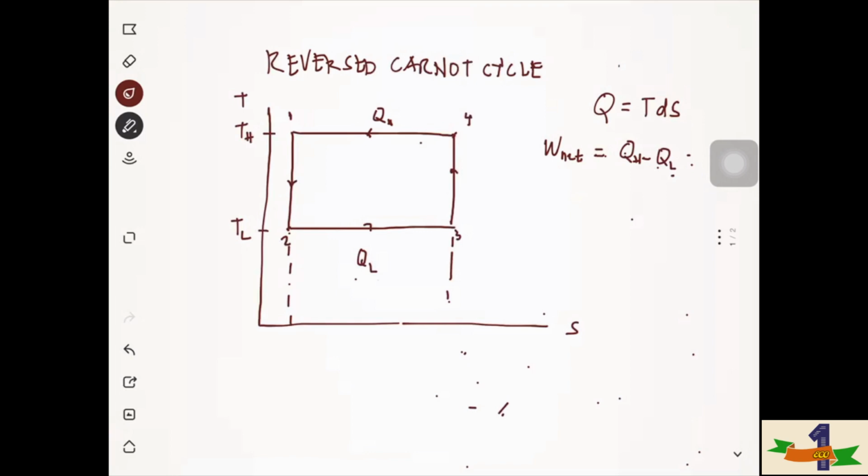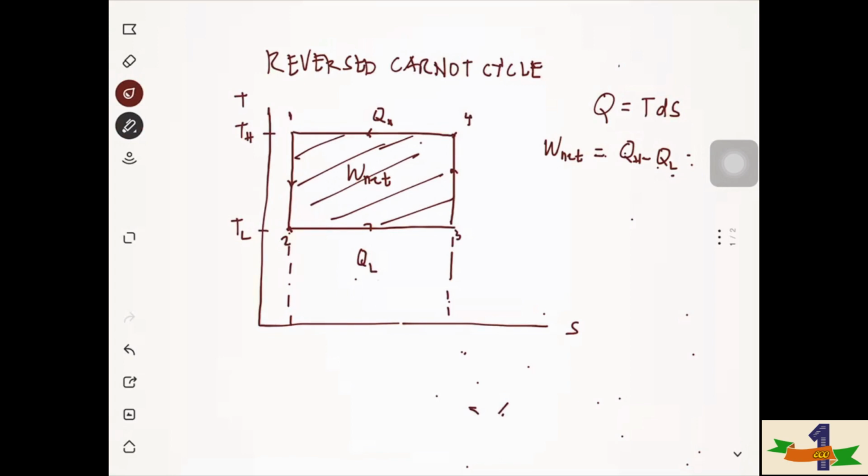So through this diagram, we can draw the graphical representation. So this QH minus QL is this one. This is our work net. Okay, this shaded area here, that is our work net.